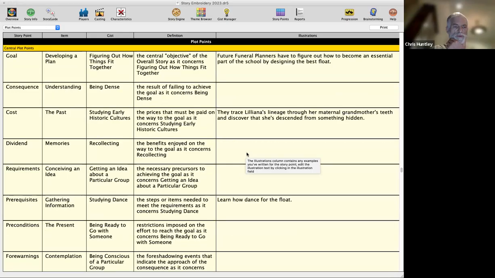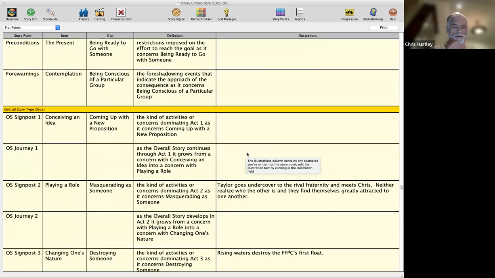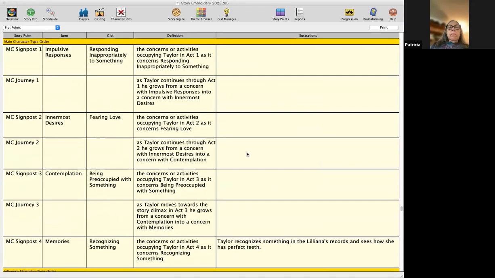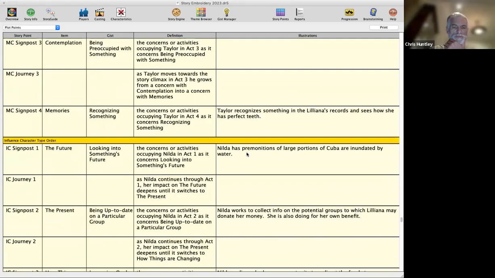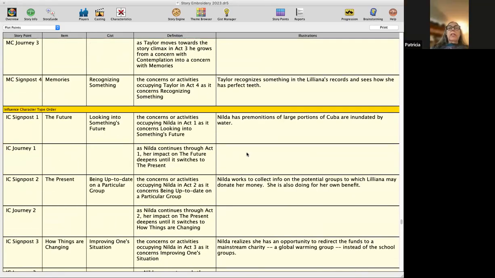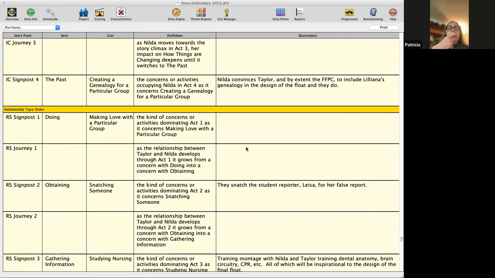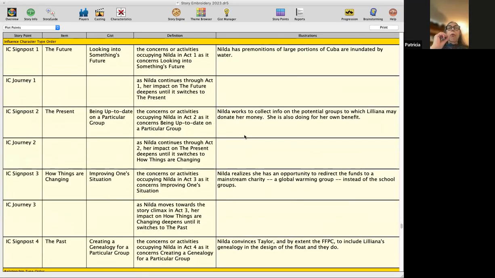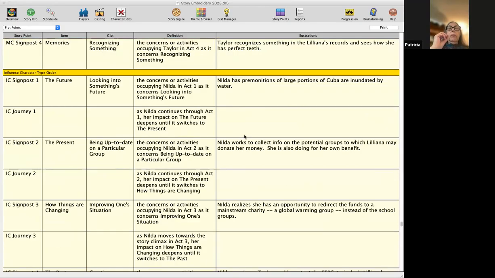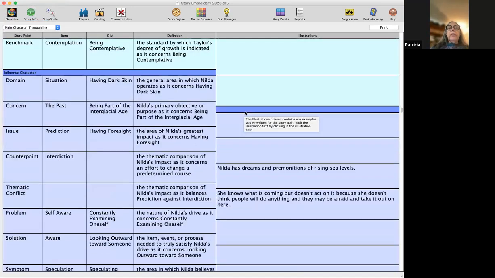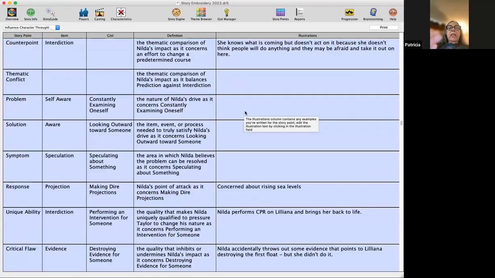I can't find where that one was that we were just talking about. The relationship per line? It was Nilda, and it went into going with someone, switched to present.